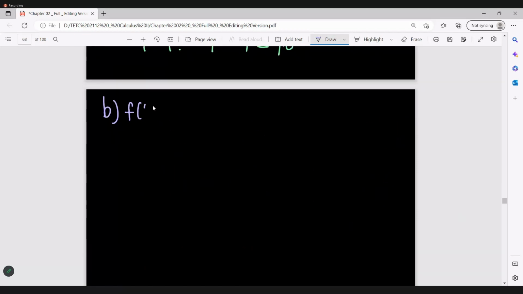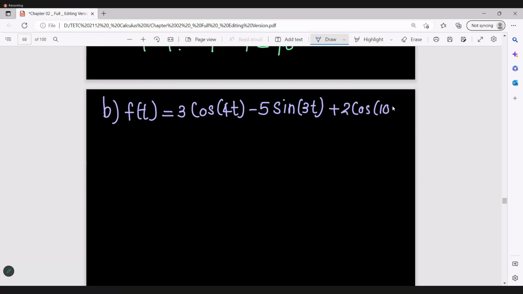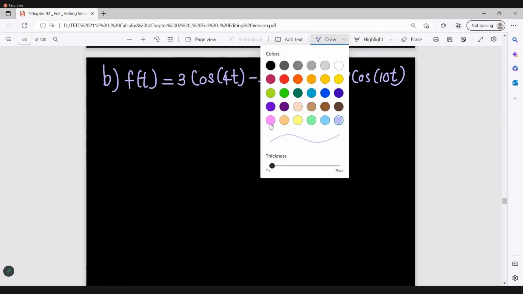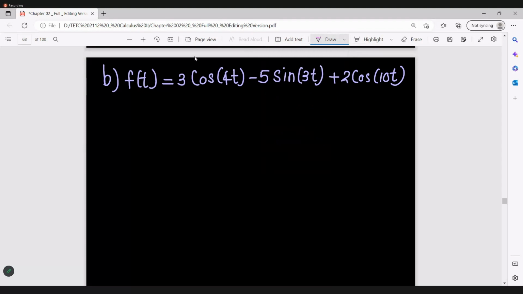The f of t is given as 3 cosine 4t minus 5 sine 3t plus 2 cosine 10t. Okay. So let's recall the expressions for cosine and sine.